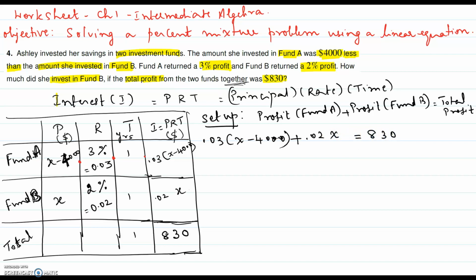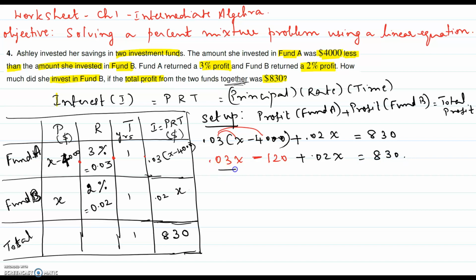Now all we have to do is solve for x. First we will distribute: 0.03 times x, 0.03 times 4000, that will be 120, plus 0.02x equals 830.